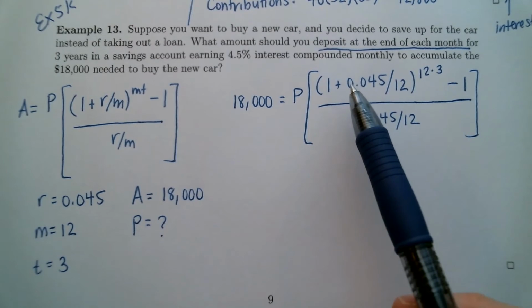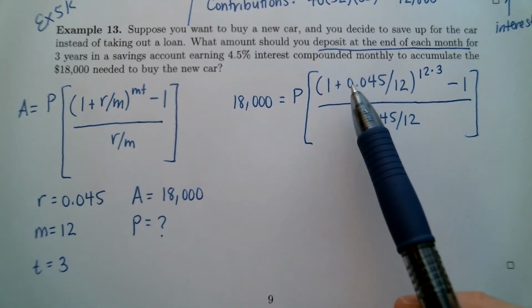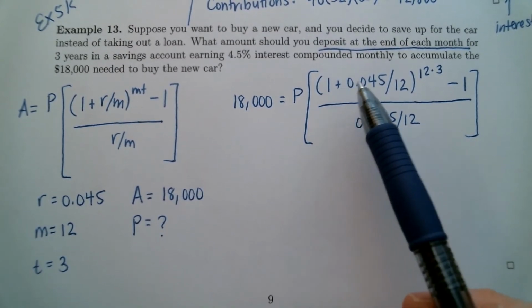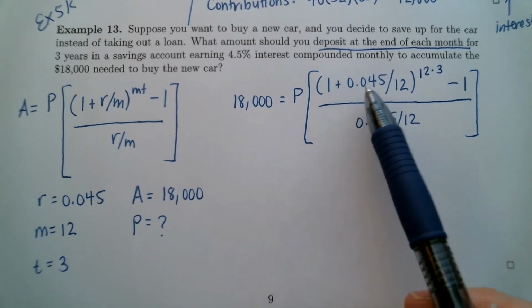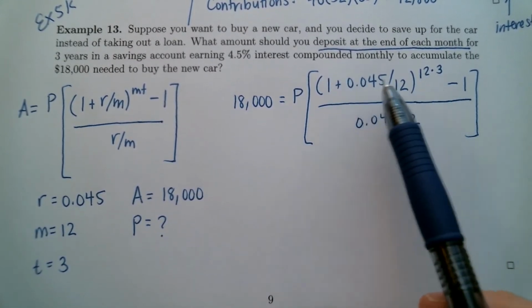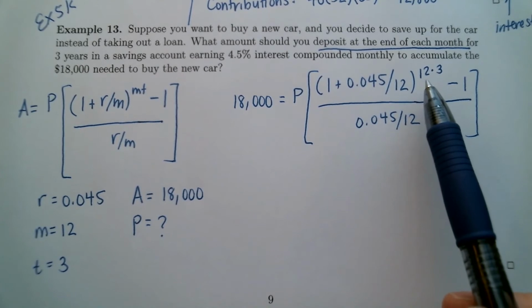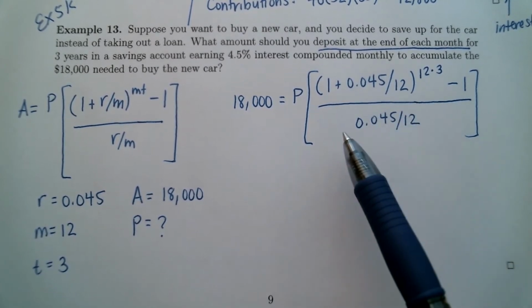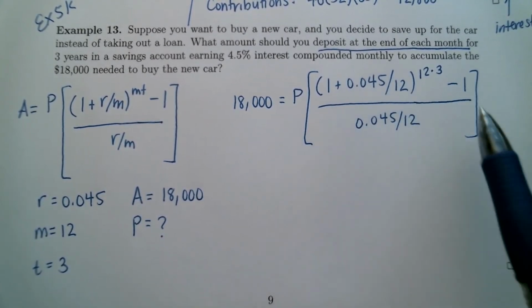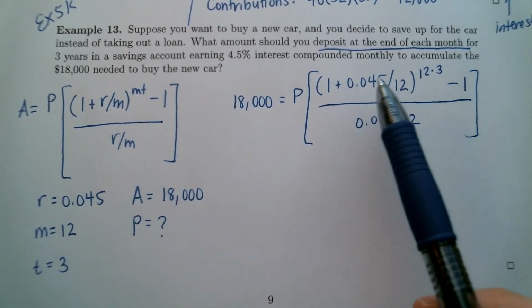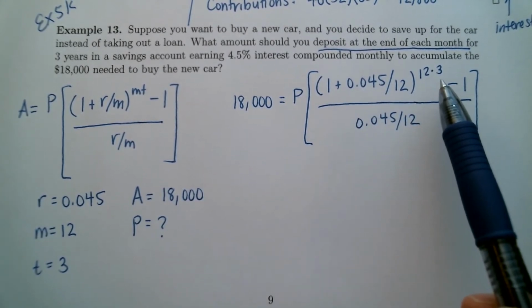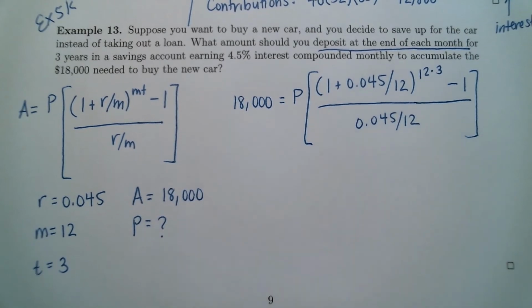I told you when we were doing example 12, our first example with this formula, you always want to start with the most complicated part when you're putting this in the calculator and then work towards the easier parts. So to figure out this blob, we'll enter the numerator, and then divide by the denominator.